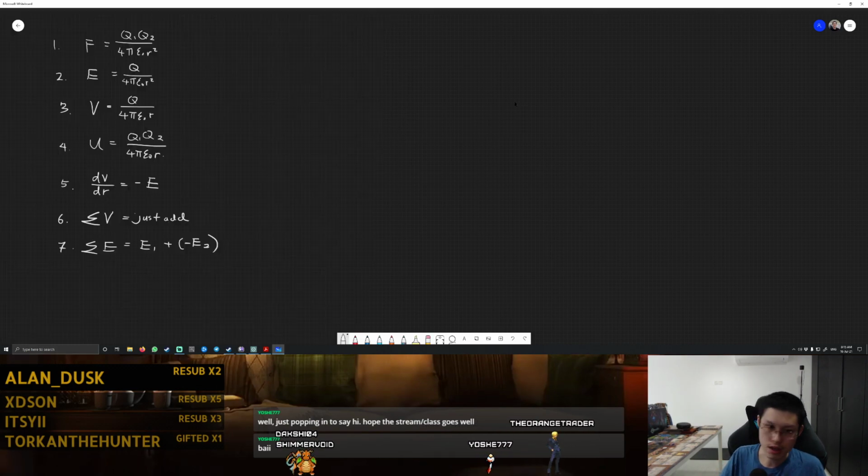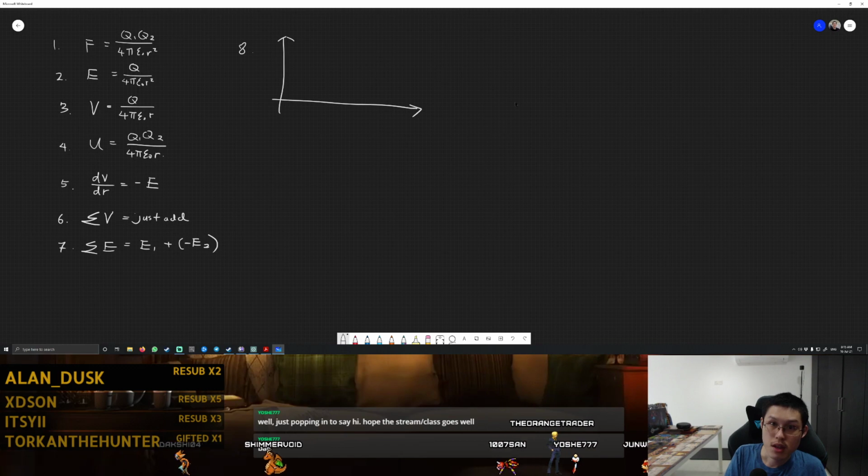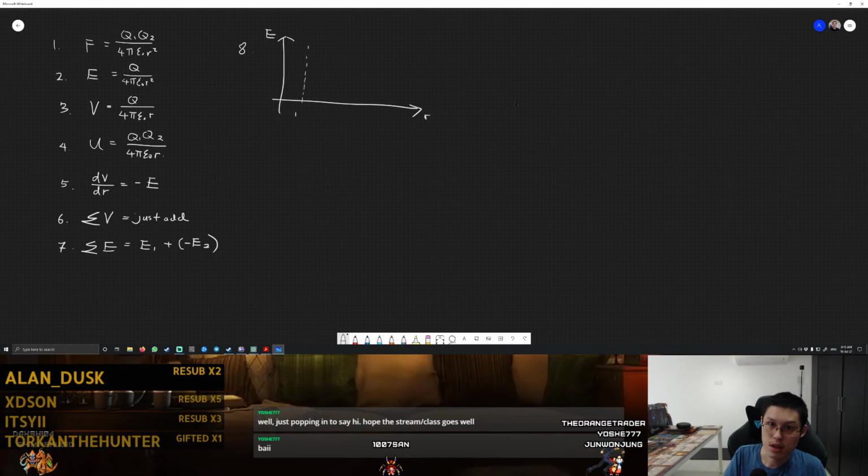Oh wait, I should also mention that the electric field strength against r graph is given as, let's say this is r equals to R, then it goes like that, and then it goes like this.